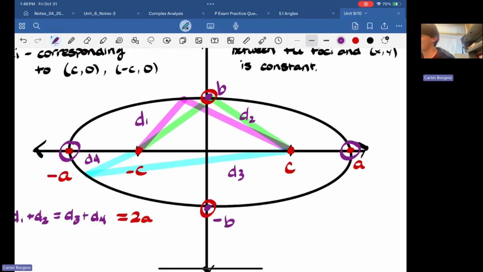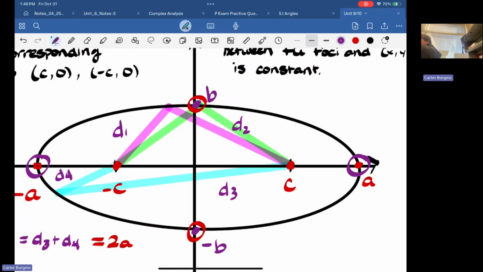Okay, so I want to consider this distance, which we know is fixed. What is the sum of my green distances here? 2a, right? We said that the sum from foci to point plus the other foci to point is always going to be 2 times a.